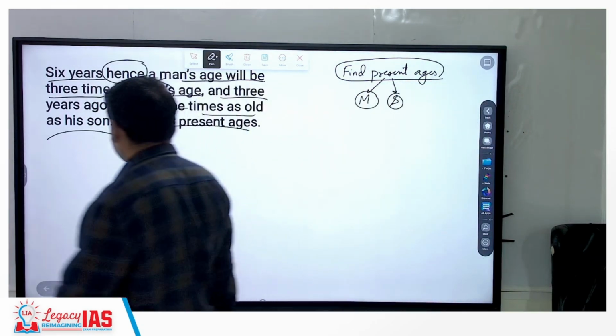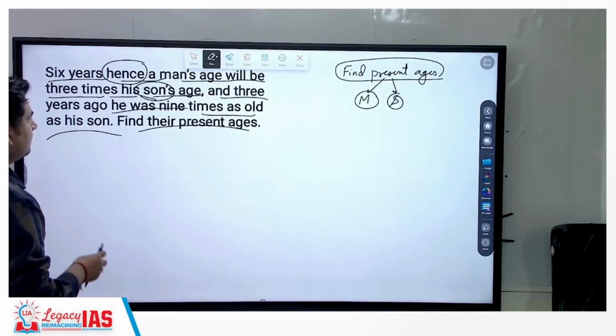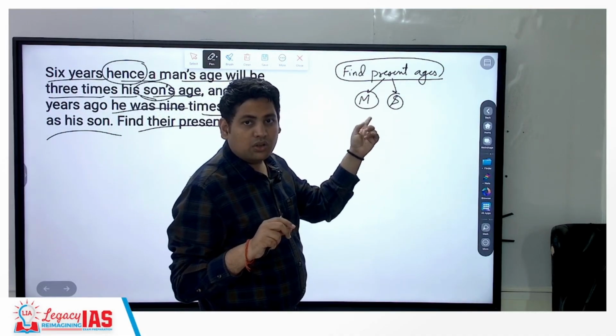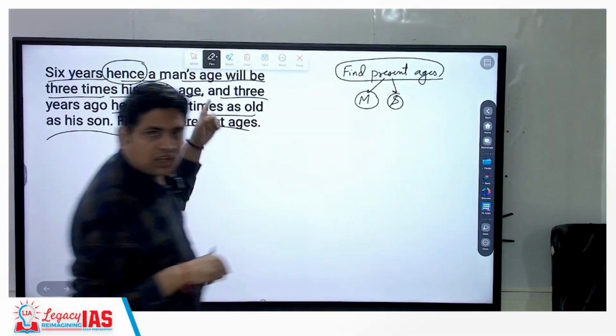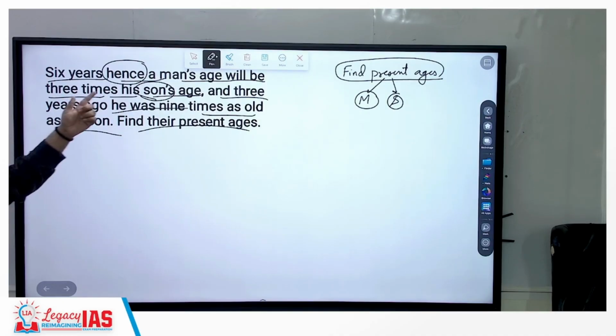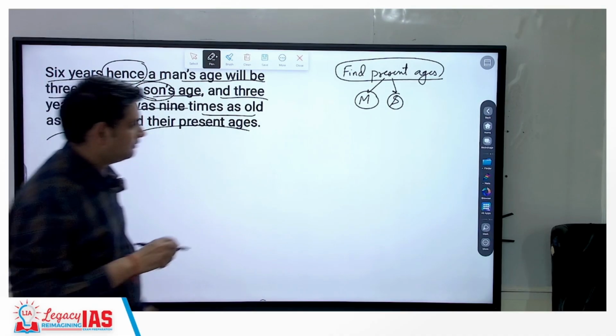Now what do you do? Just read the question. You know you need to find these two, so you need two equations that you form using whatever is written here. So let's do it. 6 years hence, a man's age will be 3 times his son's age.